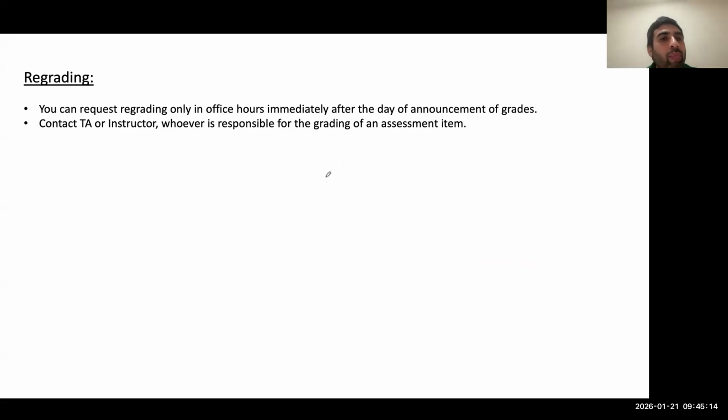Regrading. Whenever we release the grades of an assessment item, and you think you didn't get the grade you were expecting, or what you think you deserve, you can always request regrading.